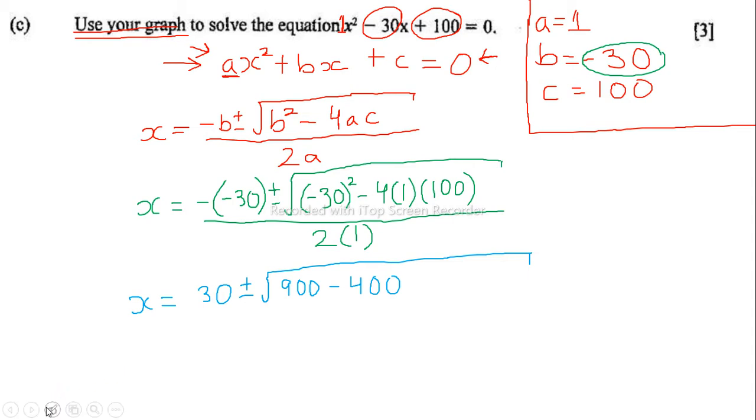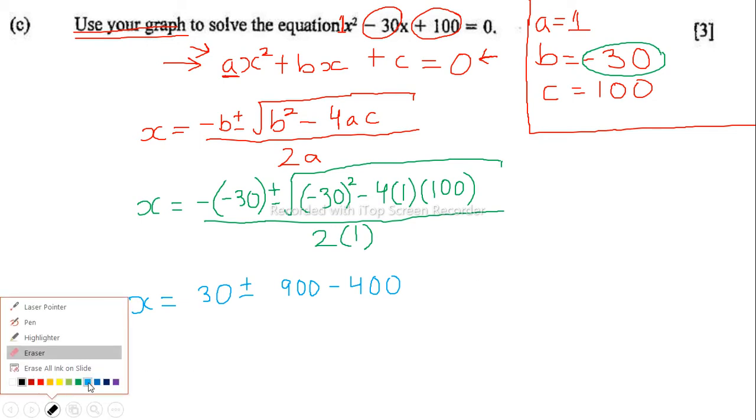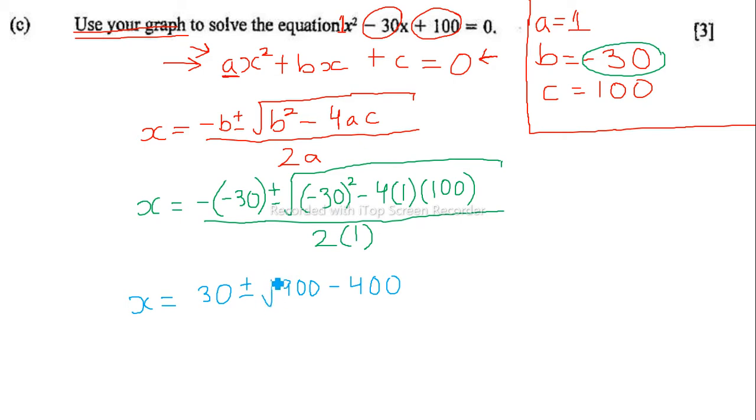Well, we don't have to put that dot on. So this is the square root of, all over 2.